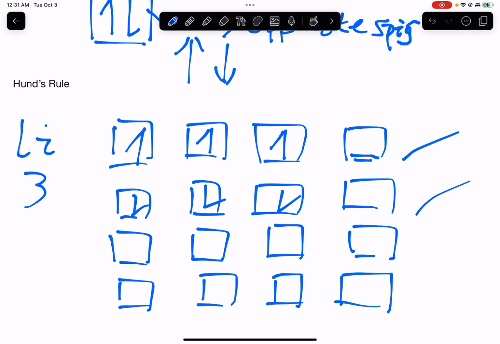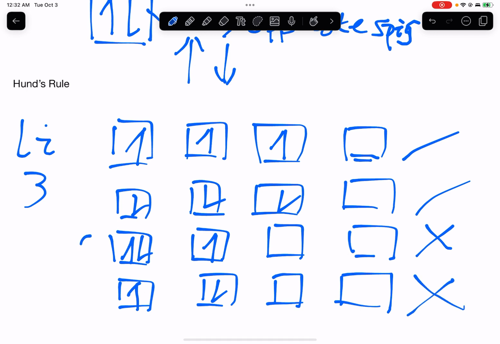Some people might do it like this or that, which is totally wrong. This is really important when it comes to drawing, because you have to make sure everything has a box and you fill the subshells first. Some people go up and then down, which is also wrong. Those two ways violate Hund's rules.